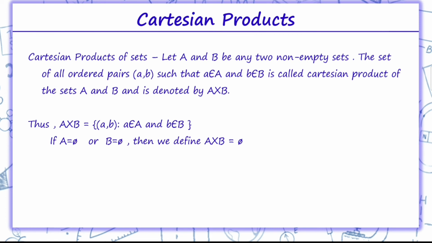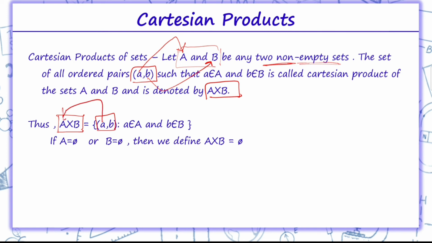Let's suppose we are provided with two non-empty sets, A and B. The set of all ordered pairs (a, b) such that a belongs to set A and b belongs to set B is called the Cartesian product of the sets A and B, and it is denoted by A cross B. Thus, if anywhere we are provided with A cross B, in this ordered set the first element belongs to set A and the second element belongs to the second set.